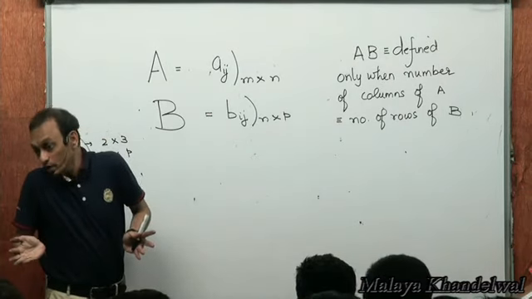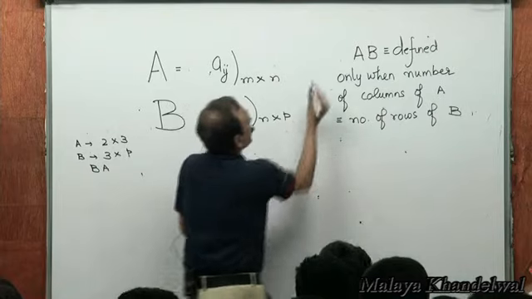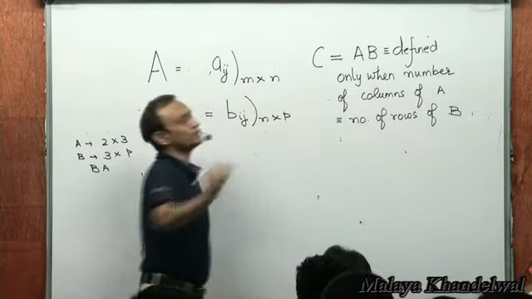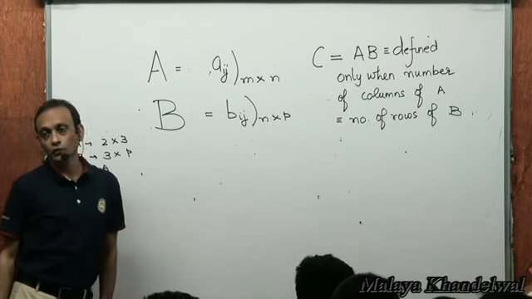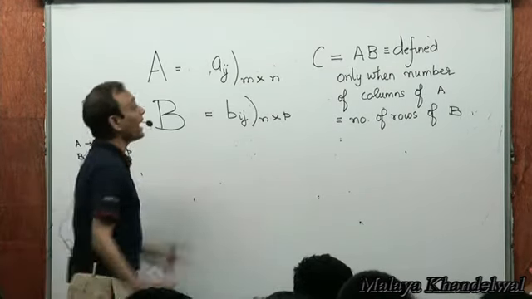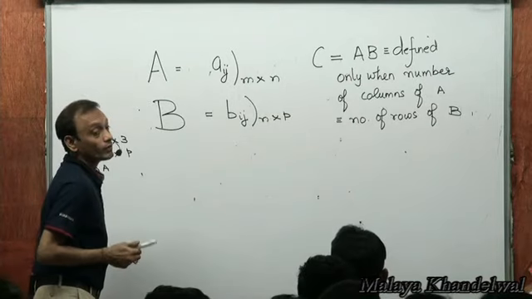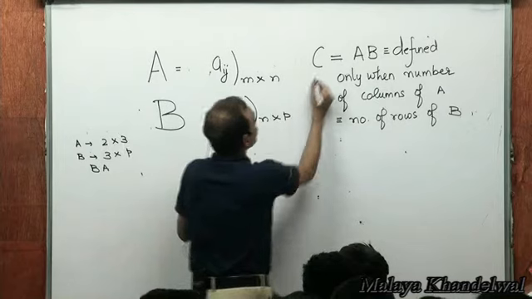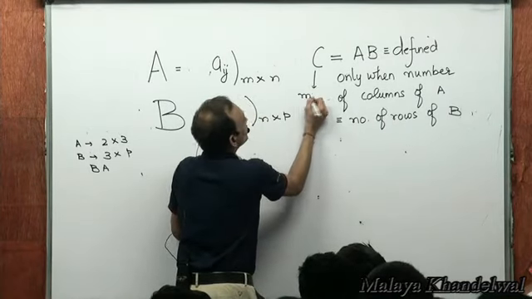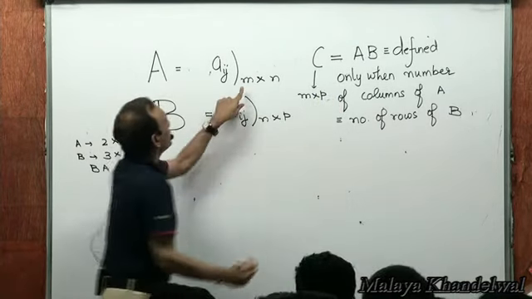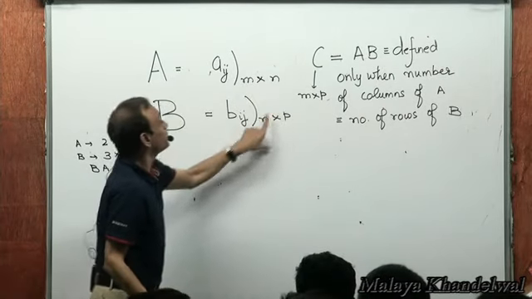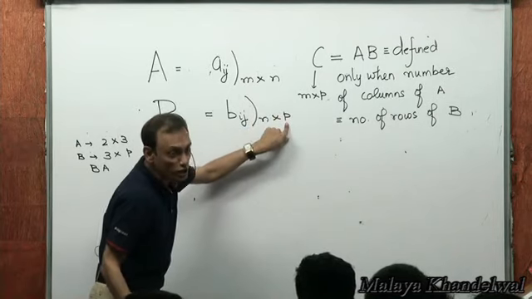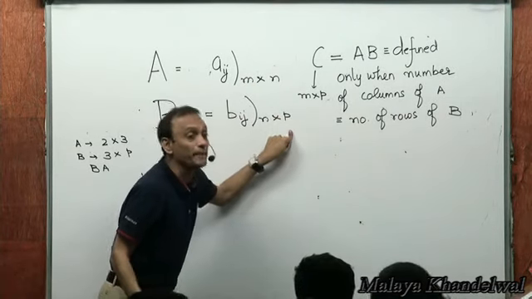A could be multiplied with B, and we end up getting a matrix which is C. And the order of C would be m by p. I'll show you that, and you'll realize that yourself. If A is m by n, B is n by p, then C would be m by p. The product of A and B would be a matrix m by p.